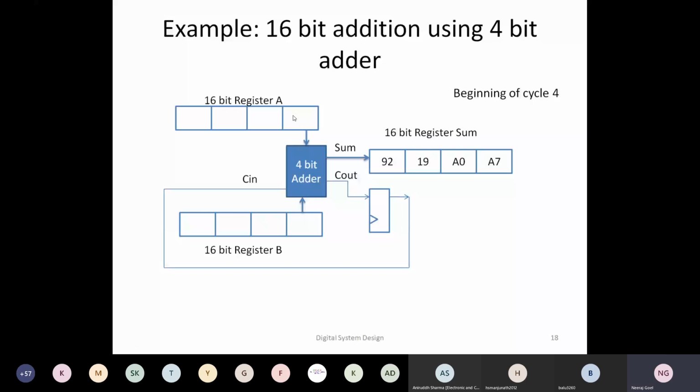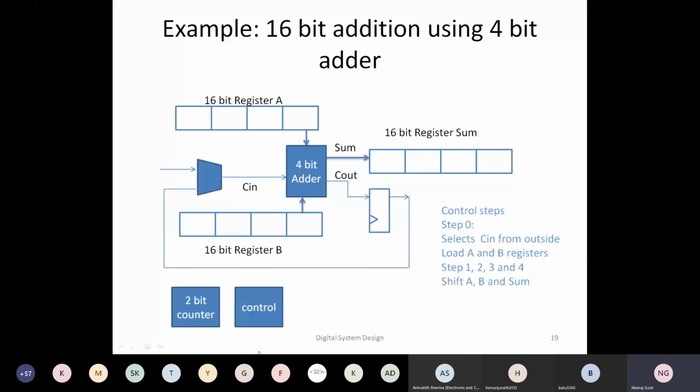Okay, so this circuit is not complete because it doesn't tell you how these things are moving at all. There is a control part which is missing. In the control part, there has to be somebody controlling when to shift and when not to shift. A 2-bit counter can be a perfect control unit here.